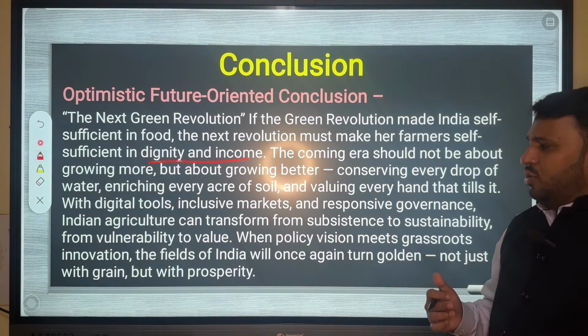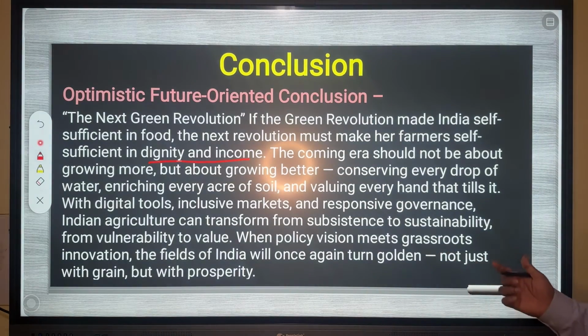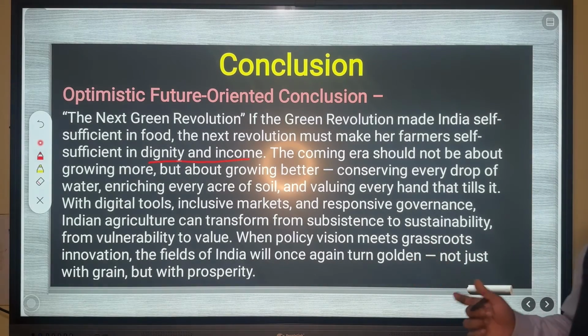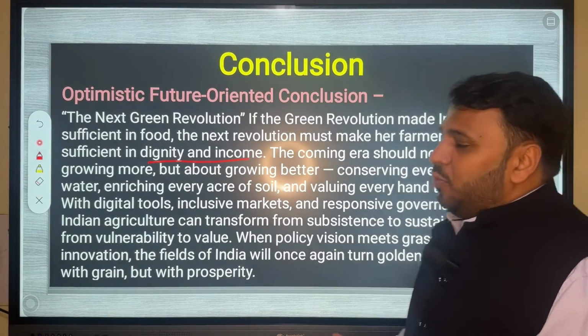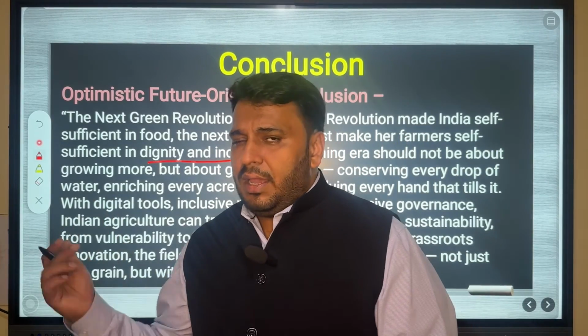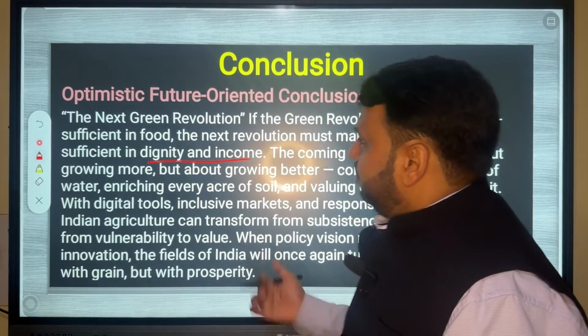With digital tools, inclusive markets, and responsive governance, Indian agriculture can transform from subsistence to sustainability, from vulnerability to value. When policy vision meets grassroots innovation, the fields of India will once again turn golden, and not just with grain but with prosperity. This is once again a suggestion you can use.